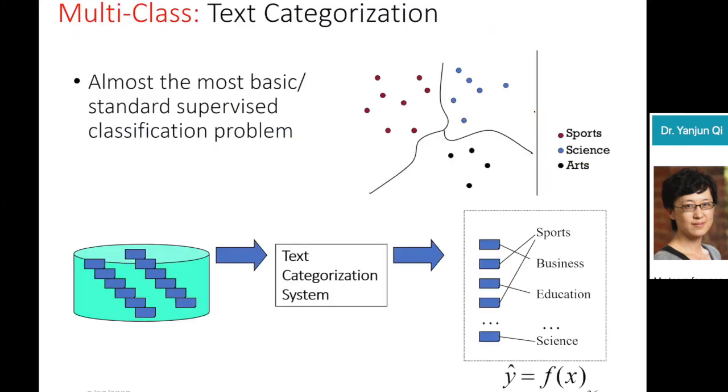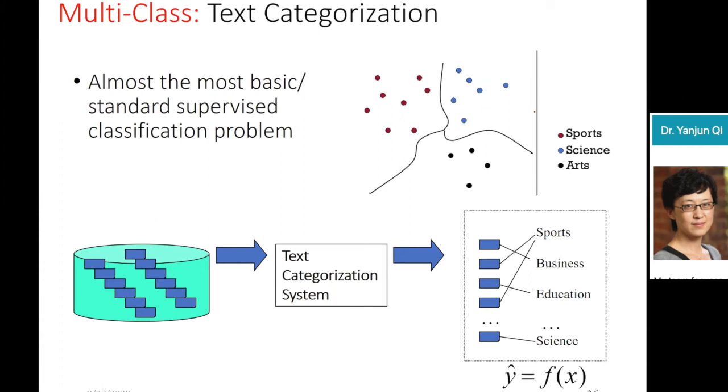All right, so there's also multi-class classification. Multi-class classification was almost the first, most popular and standard supervised classification problem that the machine learning crowd worked on, partly because a very big benchmark dataset became available very early for people to perform text categorization.